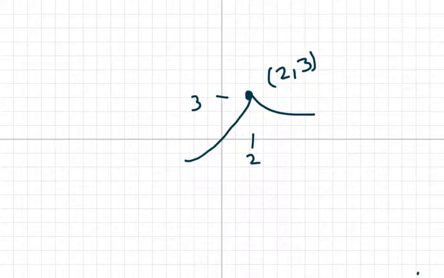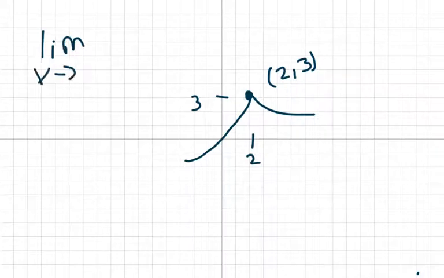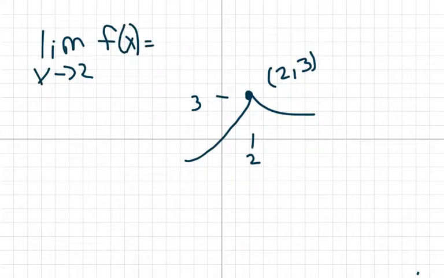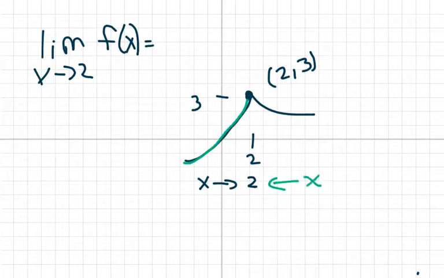On the next one, we have this little contraption. So we're looking at the limit as x approaches 2 of f of x. So as x approaches 2 from the bottom or from the left, and then as x approaches 2 here from the right, we get 3. That's our n, so that's 3.